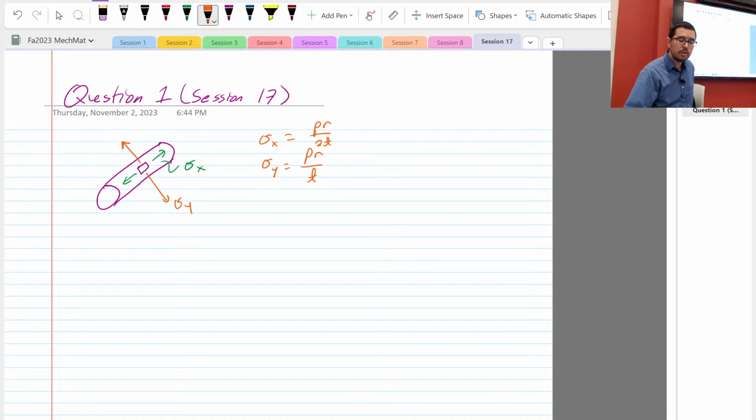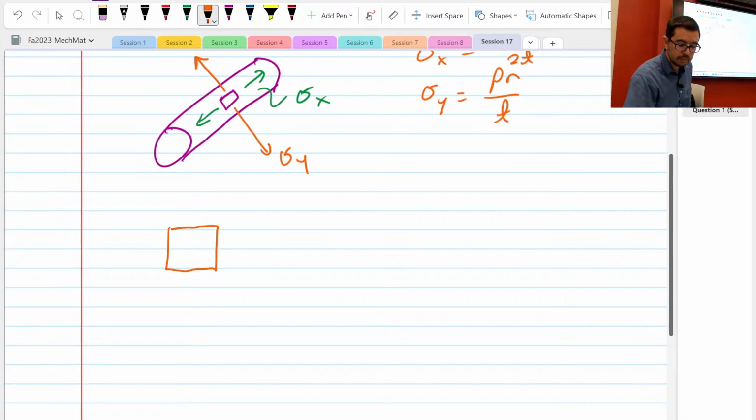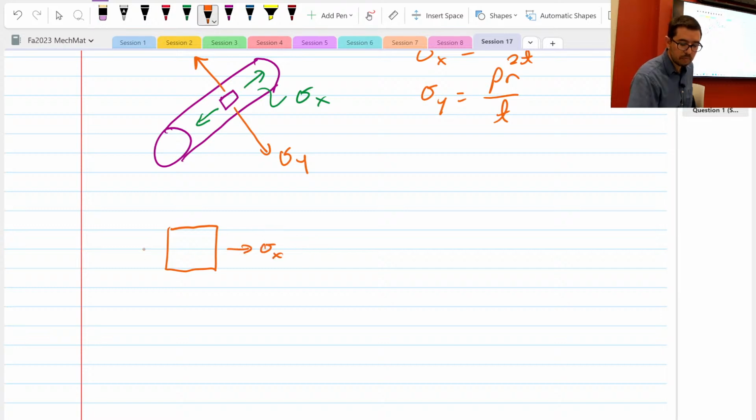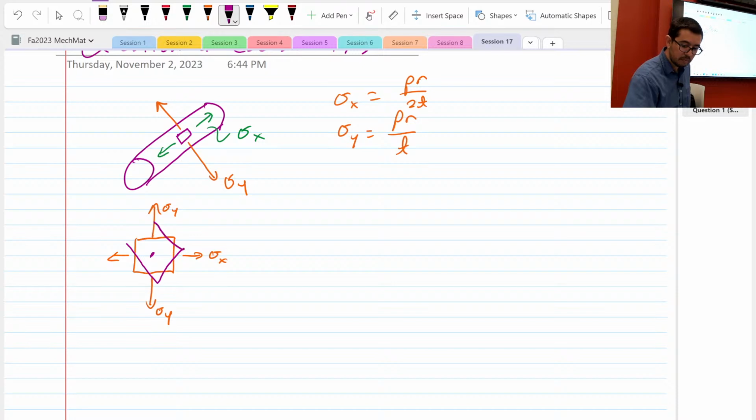So what I'm asking you to do is take that element and then rotate it 45 degrees. Okay? So you have to do the calculations for the new state of stress.